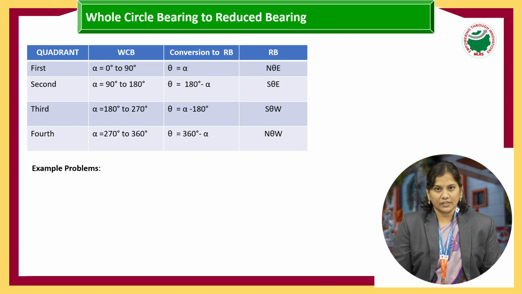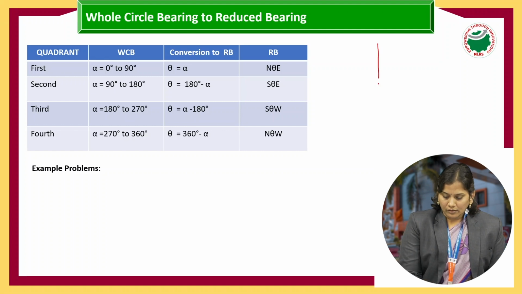In the third quadrant, the value is 180 degrees to 270 degrees, and in the fourth quadrant, 270 to 360 degrees. These are the whole circle bearing ranges, and I am denoting them with the notation alpha.